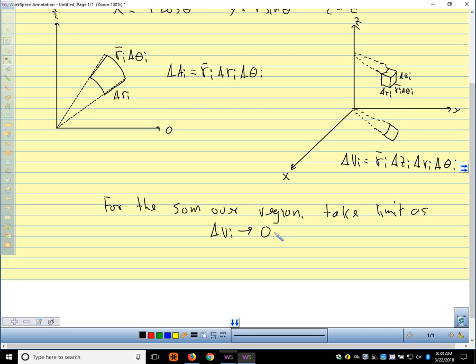And we're going to sum over all those pieces in that region, and that will give us our definition. This corresponds to our definition of a triple integral, but now we're going to use these coordinates instead of rectangular coordinates.